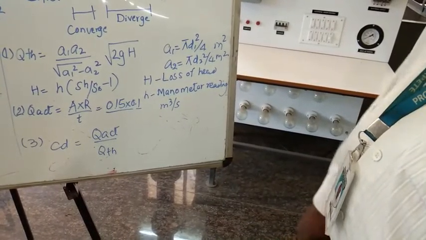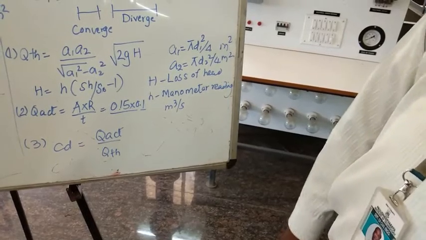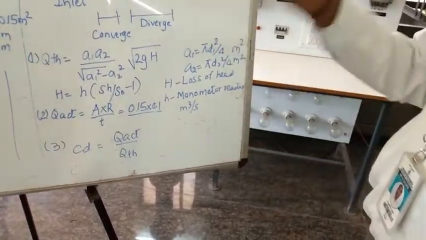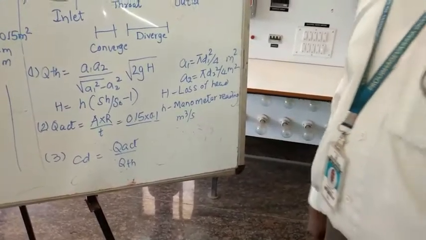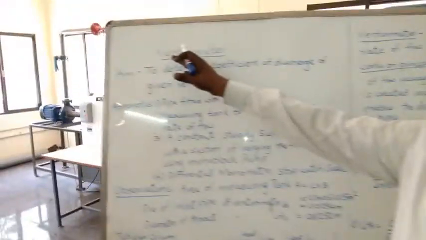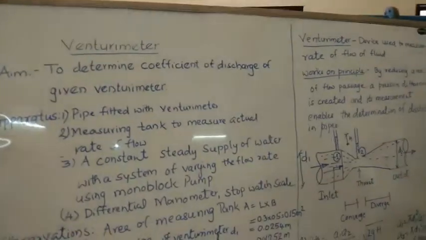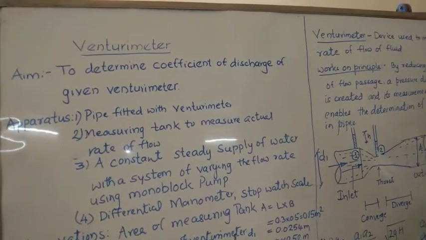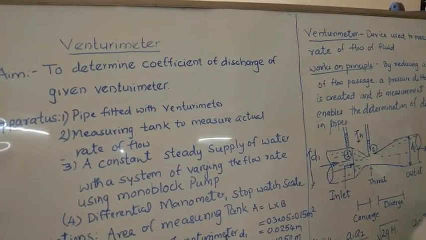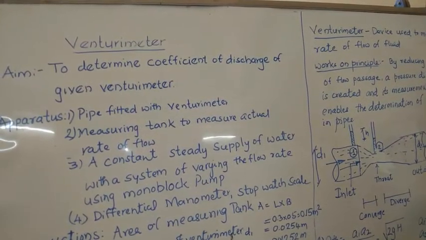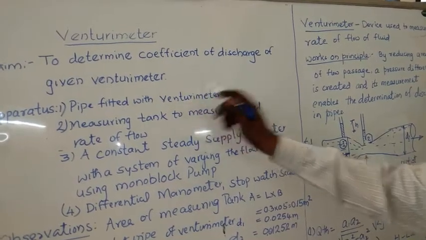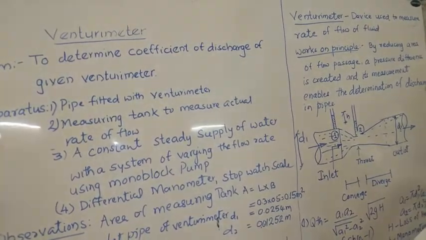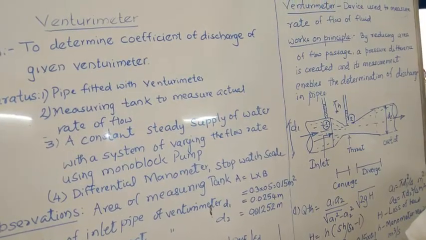Then, to measure the actual discharge, we will go to the experimental setup. The aim of this experiment is to find the coefficient of discharge of the given Venturi meter. The required apparatus is a pipe fitted with a Venturi meter, and a measuring tank to measure the actual discharge or actual rate of flow.